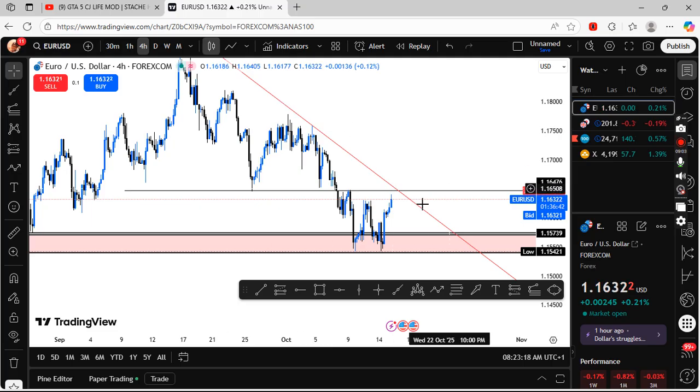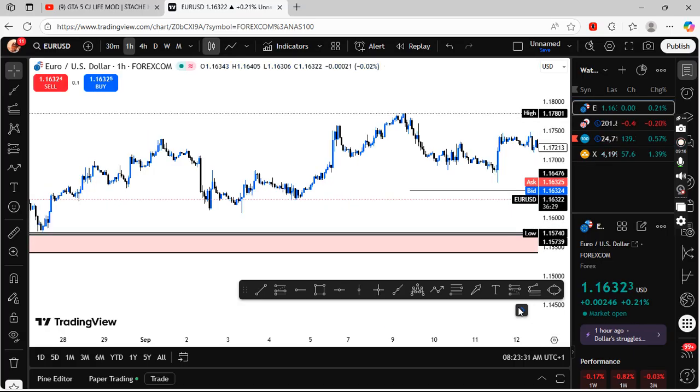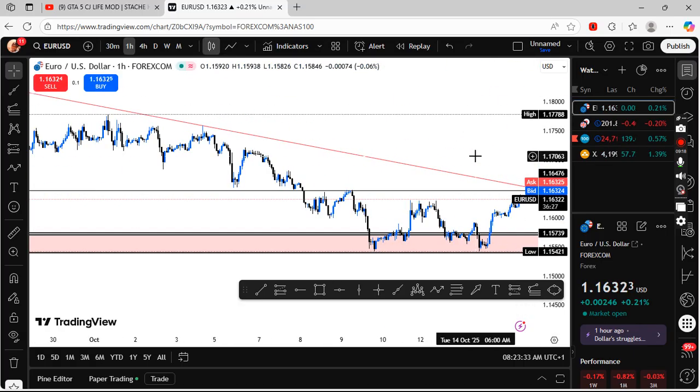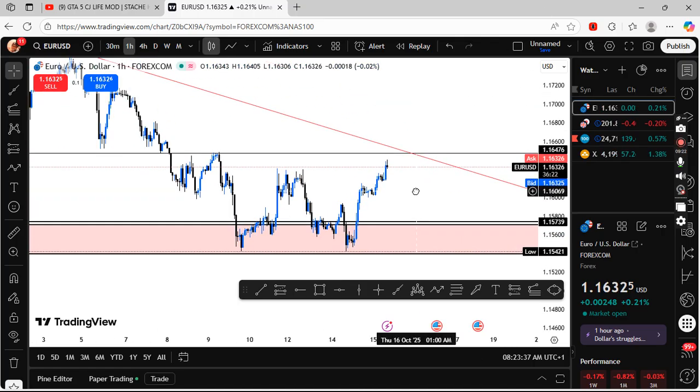So for now, let's stop here. For those who want to go for the 30-minute or 1 hour, you could find your confirmation at the 1 hour time frame. Let's look at the 1 hour time frame. At this 1 hour time frame, some of you may be thinking of taking your confirmation.